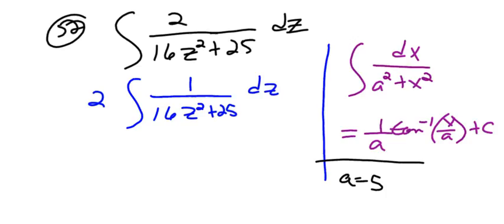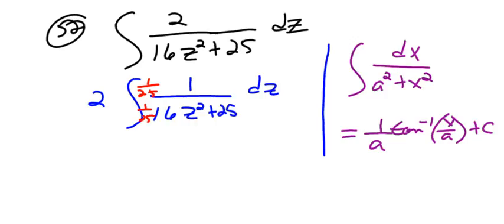Okay, so from there, the only problem is I have something else with the 16. So it's not as simple as 5. Maybe I could do this. I'm going to go ahead and manipulate this by multiplying by 1 over 25 over 1 over 25.